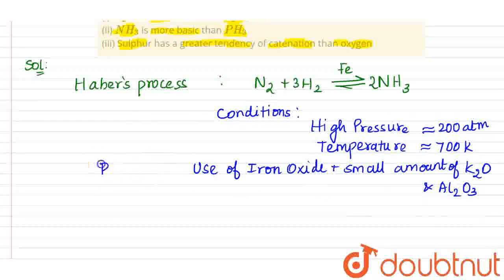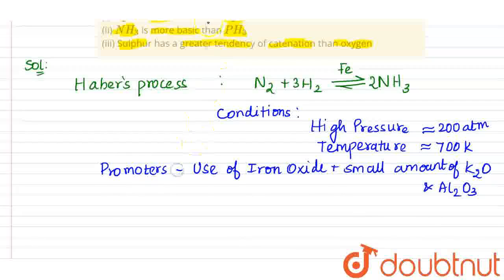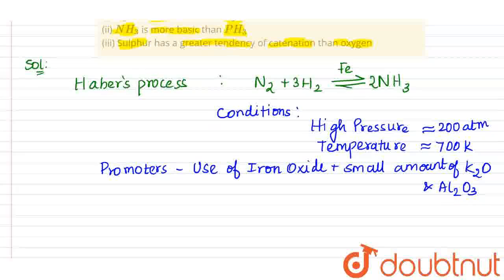So promoters are used in Haber's process along with the catalyst. Promoters are added with the catalyst to improve the reaction process, to increase the selectivity of the product. Promoters are added to the catalyst to improve the performance of this chemical reaction along with the catalyst. That is called promoters.